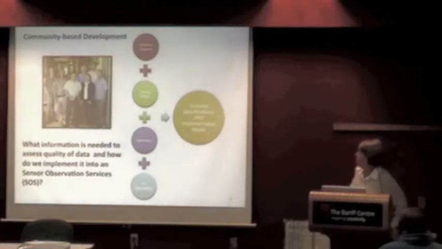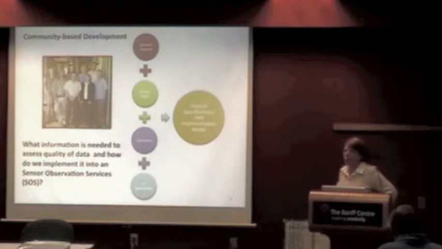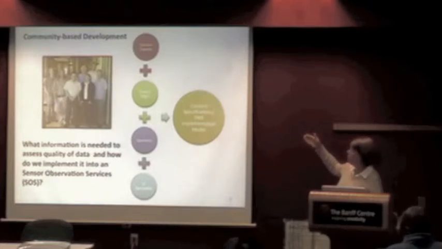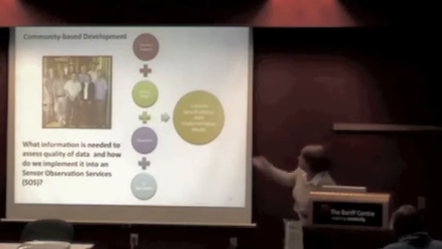Once we were funded, we had community meetings. For each parameter we'd have two to three meetings, and they'd usually have about 25 people. They ranged from 8 to 70, but usually about 25 people. We had domain experts who knew about what was needed in their domain. We had sensor manufacturers, marine operators, and IT specialists. You can see Mike Botts in the picture.